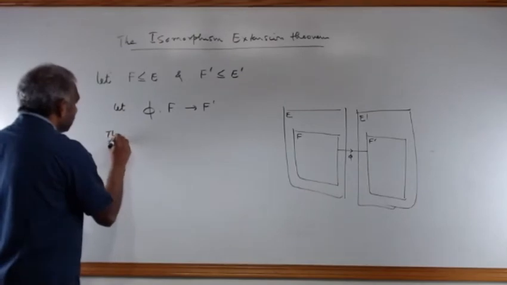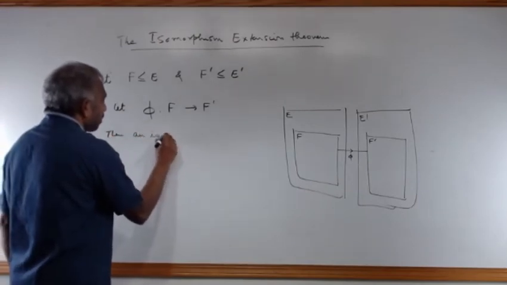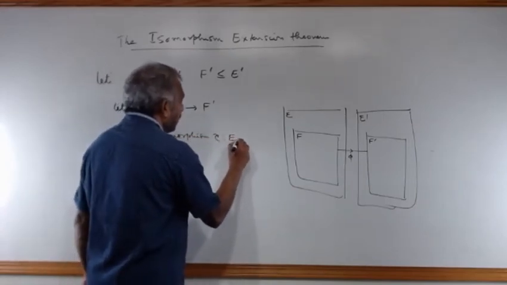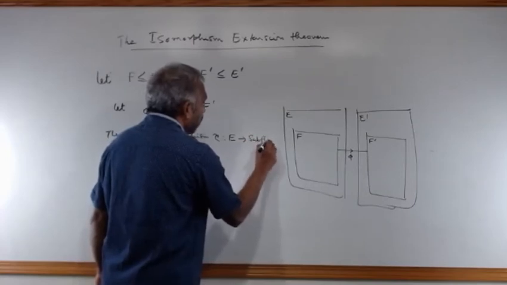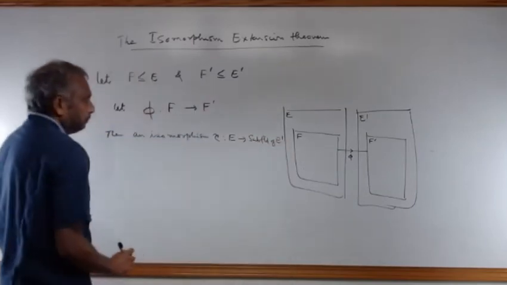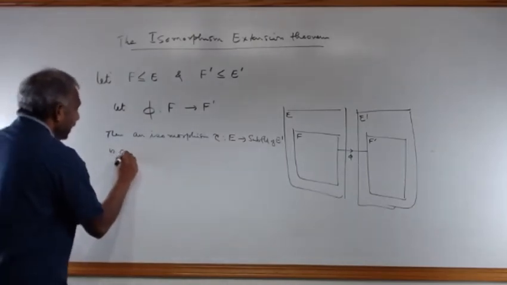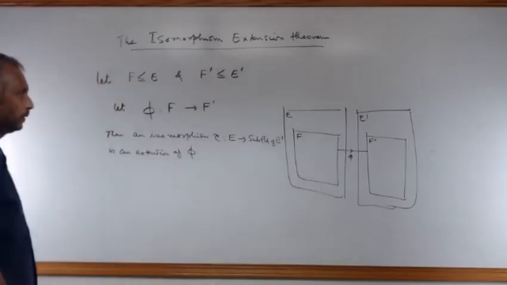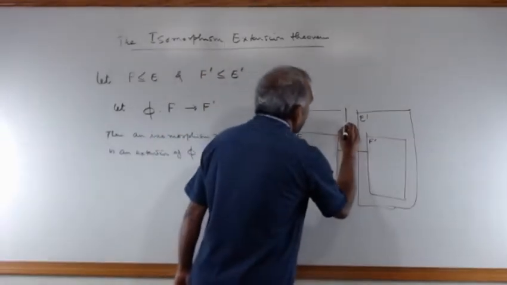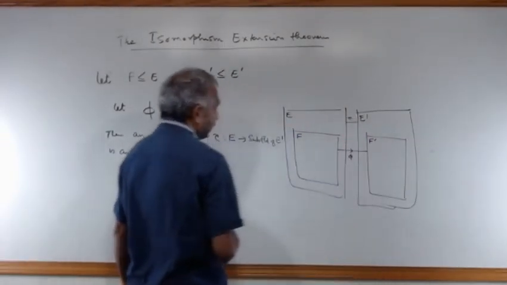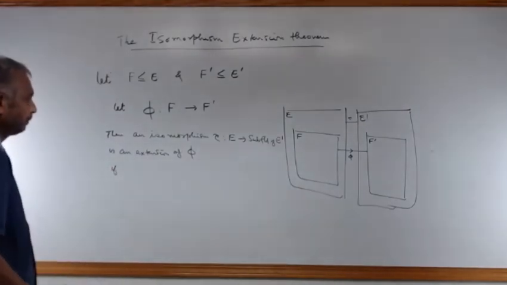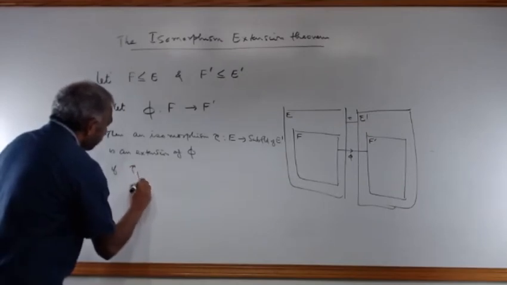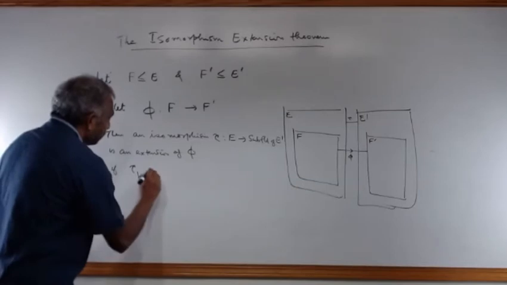Then an isomorphism tau from E to a subfield of E prime is an extension of phi if tau restricted to F is equal to phi.